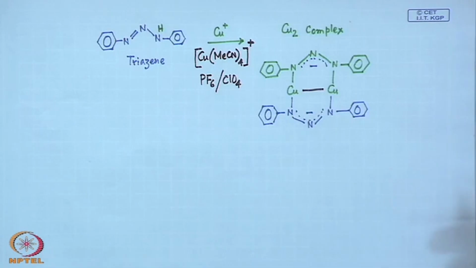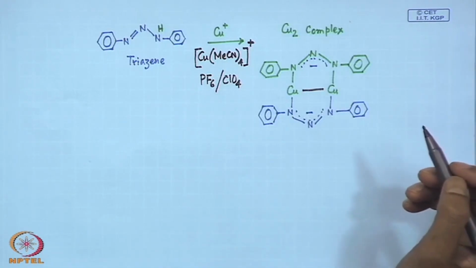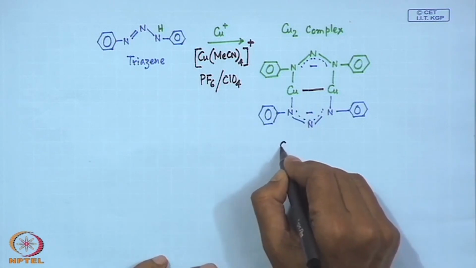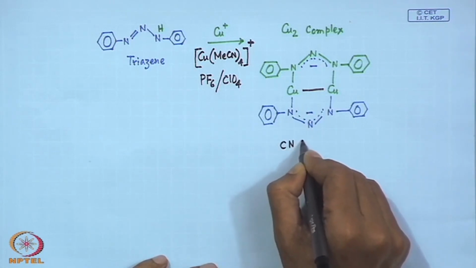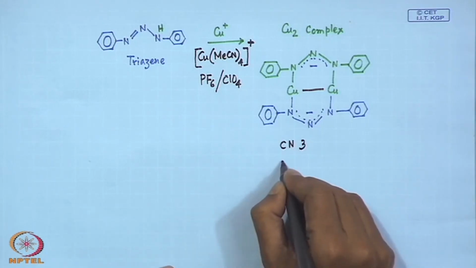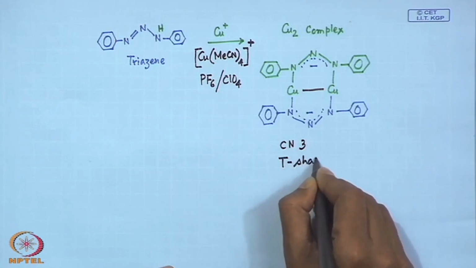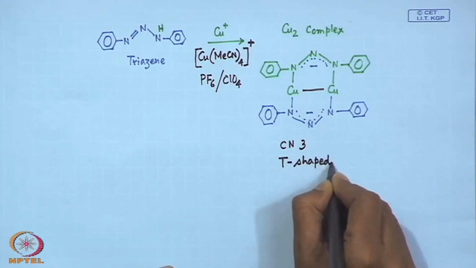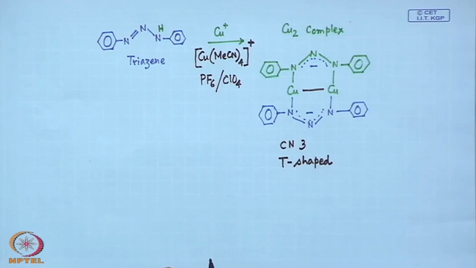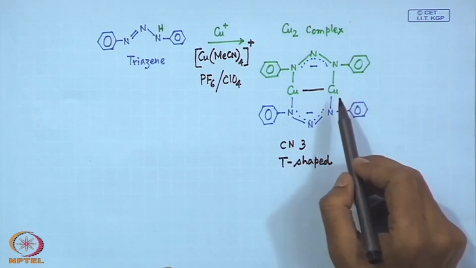And now if we have some copper-copper bond or copper-copper interaction, we get a corresponding coordination number of copper centers 3, and which is also T-shaped. So this is a very unique example where we don't have any other option for any other type of geometry.